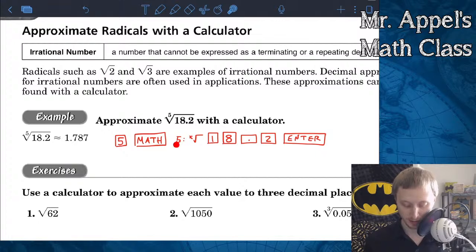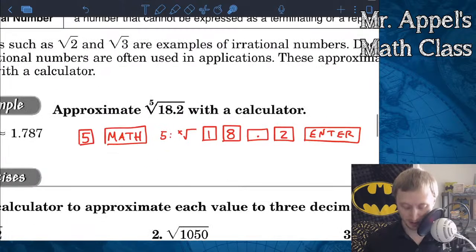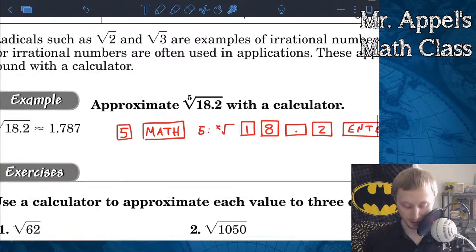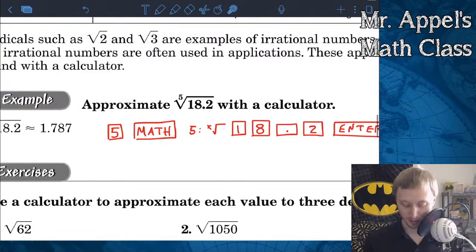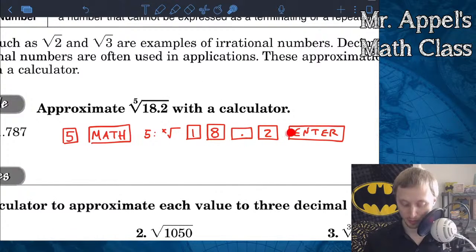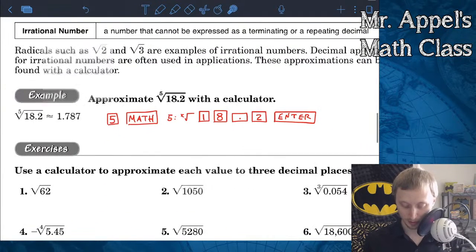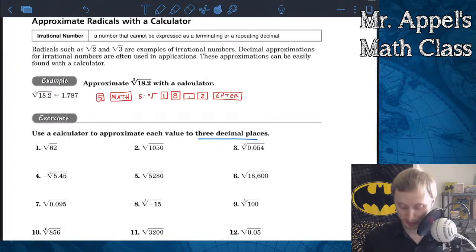Math menu button. Entry number 5 is the little x radical. And so because that x comes in front of the radical, it's going to draw from the number in front of it. And then you type in your radicand, your number 18.2, enter to get the answer. All right? And looks like they're asking for 3 decimal places rounding here.